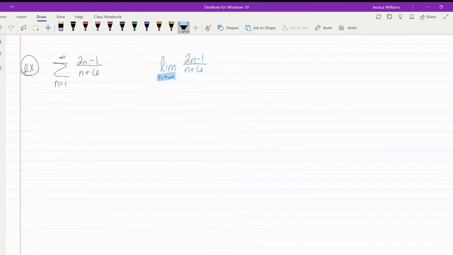If n is going to infinity, you look at the degree of top and degree of bottom. These have the same degree, so I look at their leading coefficients, 2 over 1, which is 2. All you have to say is, hey, that's not 0, therefore diverges by nth term test. It's that fast.